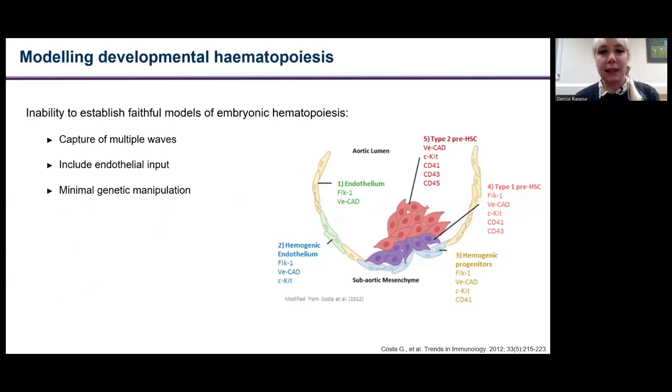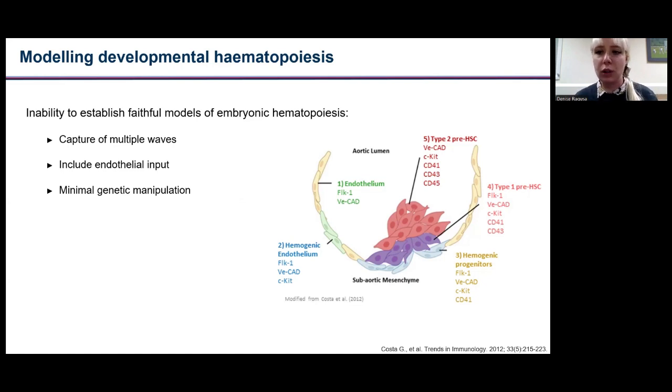Even more challenging than describing and capturing these processes is if we want to have a model in vitro that captures all these different cell types and the spatial and temporal precision of developmental hematopoiesis. It has been difficult in the past to establish faithful models because it is difficult to capture those multiple waves of the primitive and the definitive hematopoiesis.